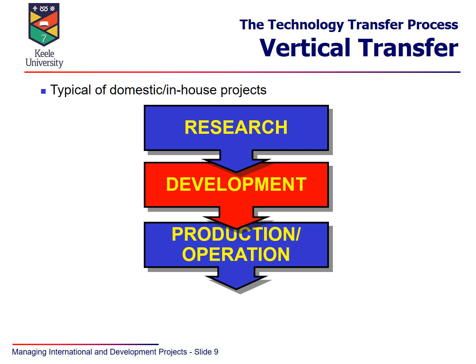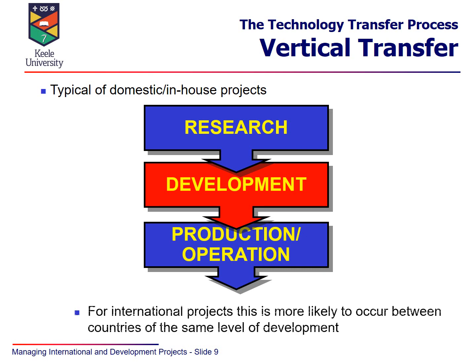So very often when we think about designing new products, for example, we might think about a vertical transfer in this way. It's where the transfer item is actually changed and we've got a new innovation involved. In international projects, it's more likely to occur between countries at the same level of development.